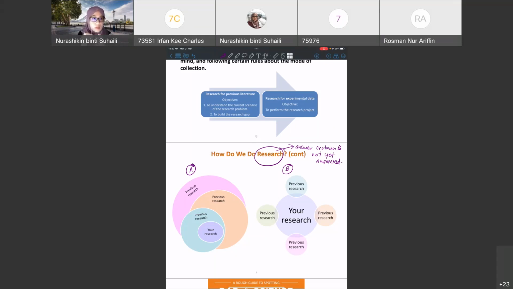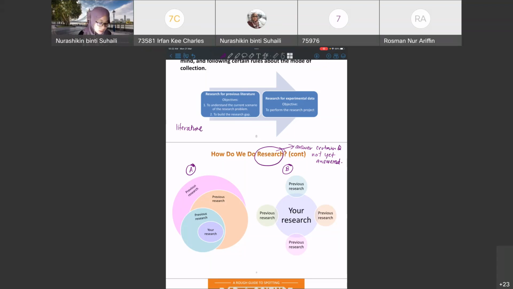You cannot find that information in the journal, in the literature. We call it literature. Literature means the collection of the articles, the collection of the information in the past. So that's why you do the research.